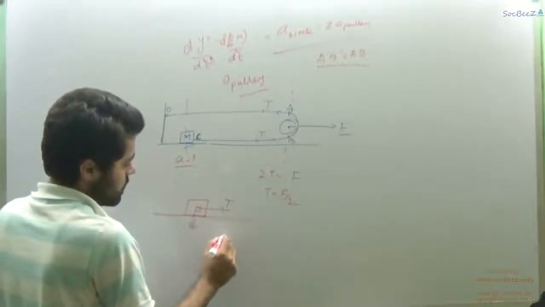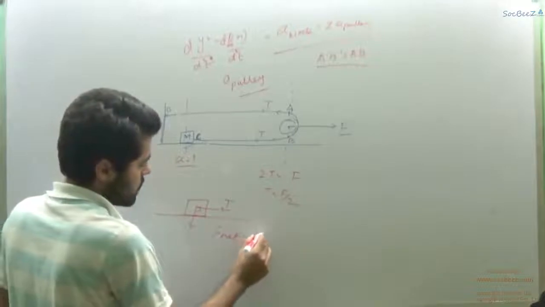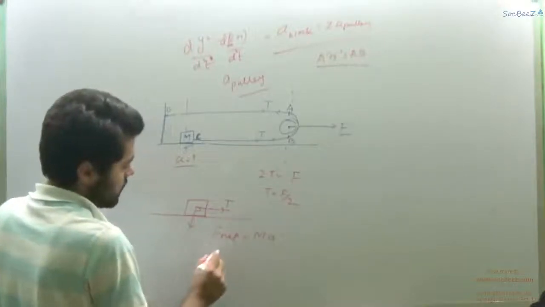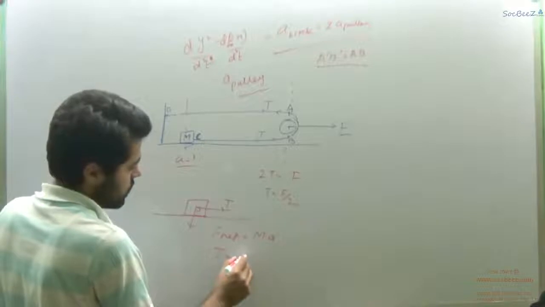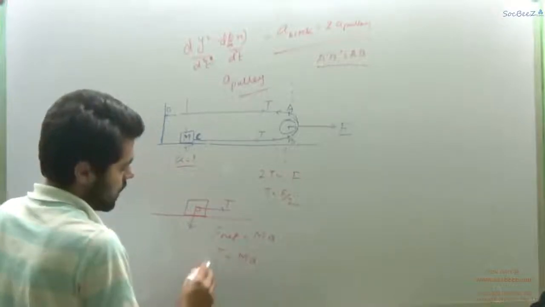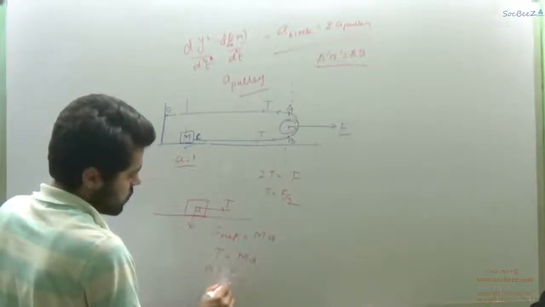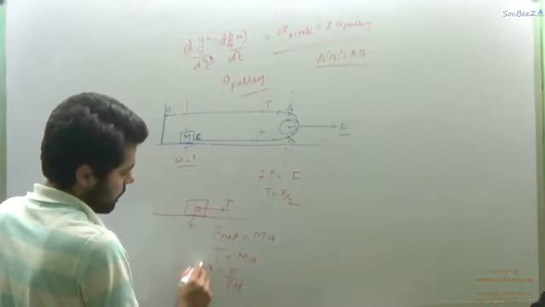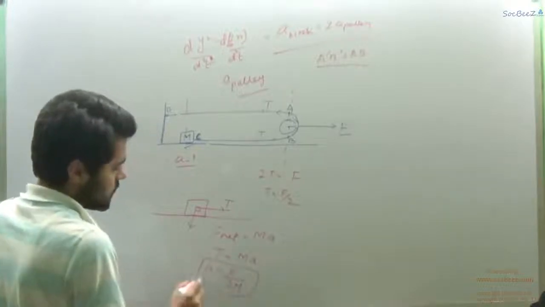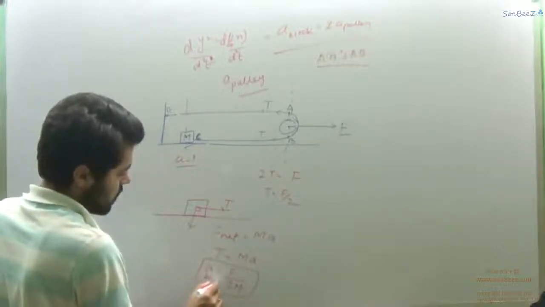So using Newton's equation, F net is equal to mass into acceleration. So F net is equal to T, that is equal to M into A. Now T is equal to F by 2, so A is equal to F by 2M. So this is the acceleration of the block.